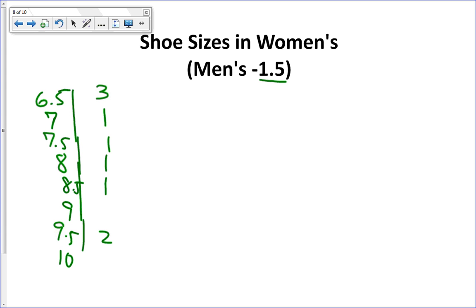Size 10. 11.5. What is the number on the 10? 9.5. 9.5 is 3. Oh, did I miss you? Sorry. Okay, now let's get everyone: 3, 4, 5, 6, 7, 8, 9, 10, 11, 12. What did I miss?